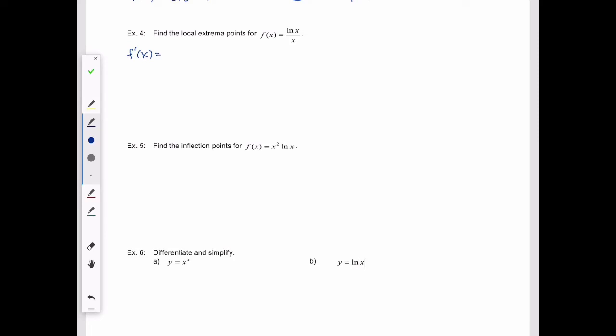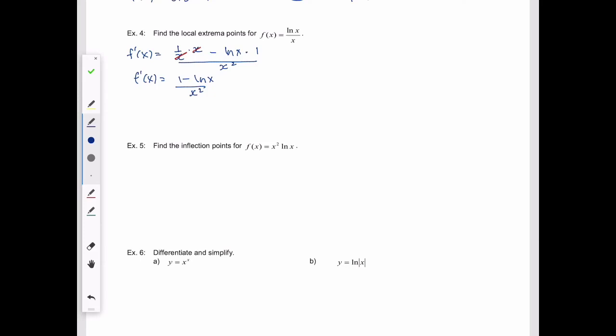I'm going to take the derivative of ln of x, which is 1 over x, times the denominator, which is x, subtract ln of x times the derivative of x, which is 1, all over x squared. If I clean this up, those cancel. So what I have is f prime of x is equal to 1 minus ln of x over x squared.